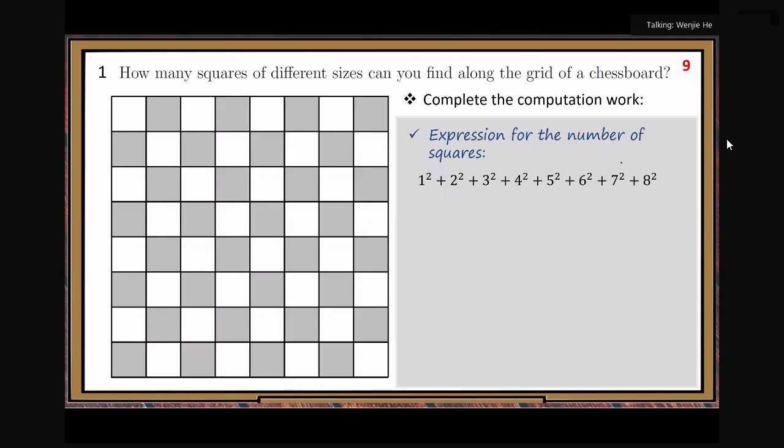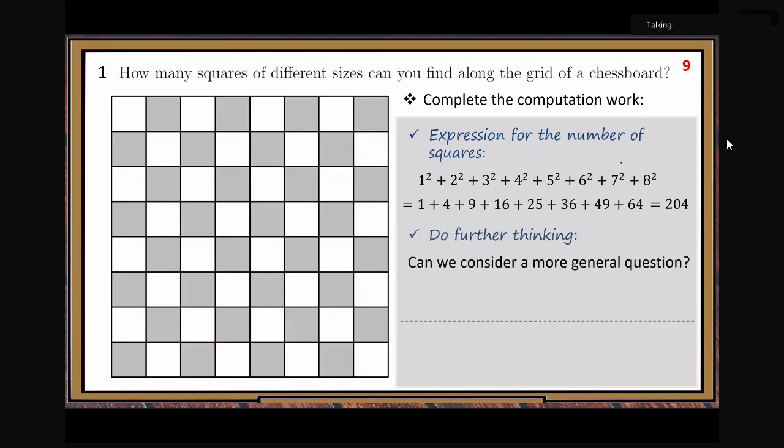But here, we can consider the general question. If we want to count the number of squares in a general n by n chessboard, how many squares?